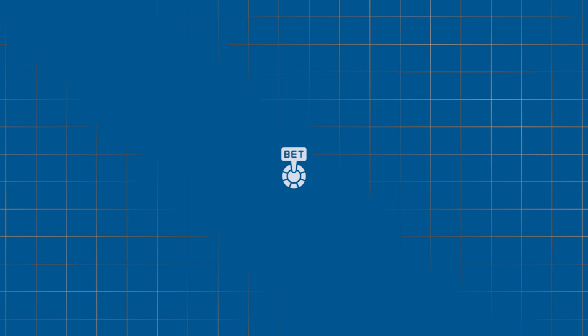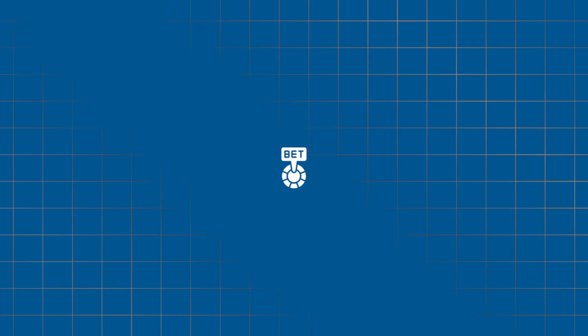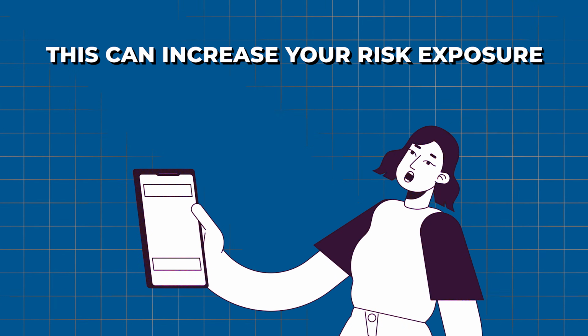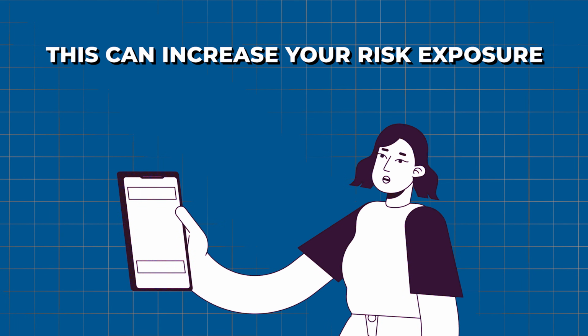Now, you may wonder, why does this matter? As a trader, if you're holding positions in pairs that are highly correlated, it is absolutely important to understand that you're essentially making the same bet multiple times, which means that this can unexpectedly increase your risk exposure.